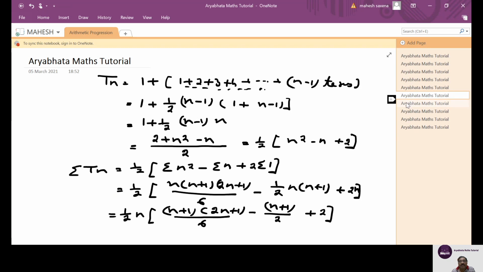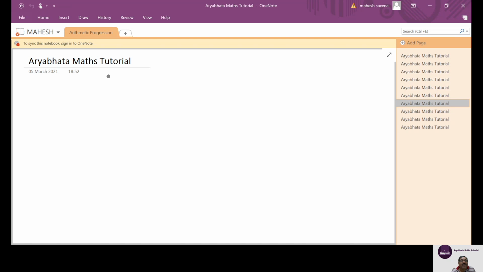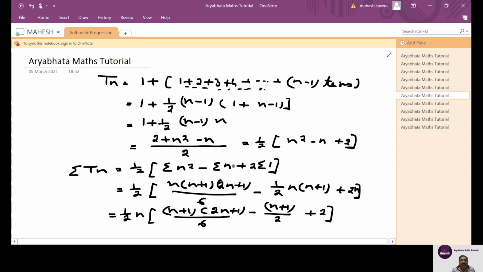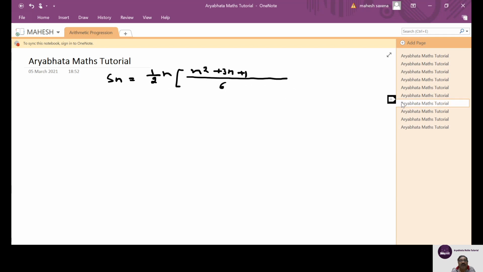Now take LCM. 6 is the LCM, therefore Sn is equal to 1 by 2n, 6 LCM, then it will be 2n square plus 3n plus 1 minus 3n minus 3 plus 12.